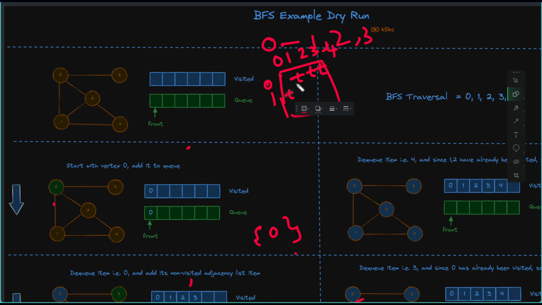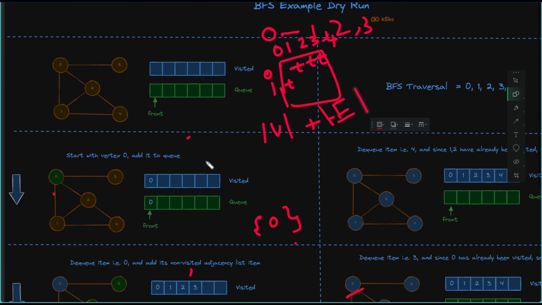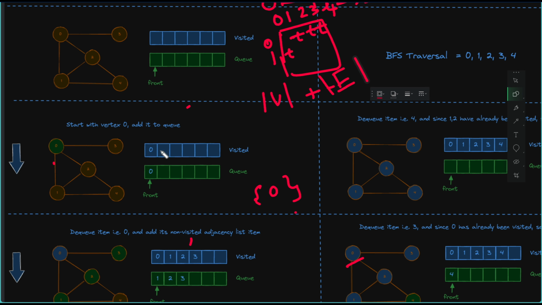In case of the adjacency list implementation, the time complexity is O of V plus E, where V is the number of vertices and E is the number of edges. The reason for this is that we had a queue in which we pushed all the vertices only once, right?